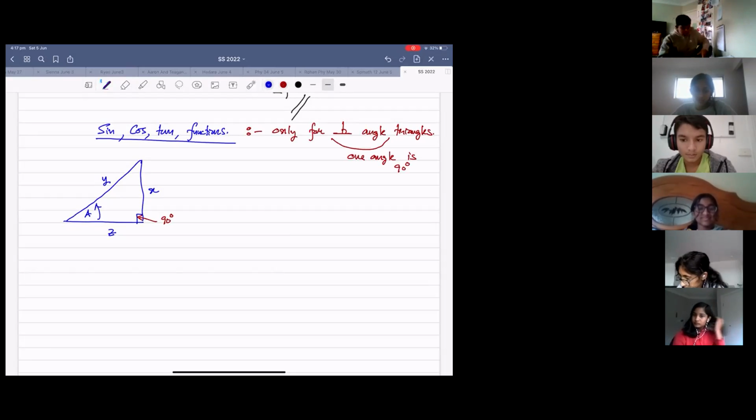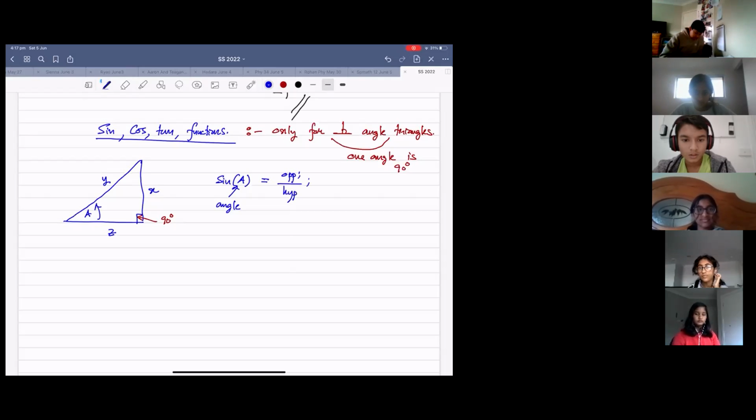So the definition: sine A, here A means an angle, would be opposite divided by hypotenuse. Opposite is x, hypotenuse is y.